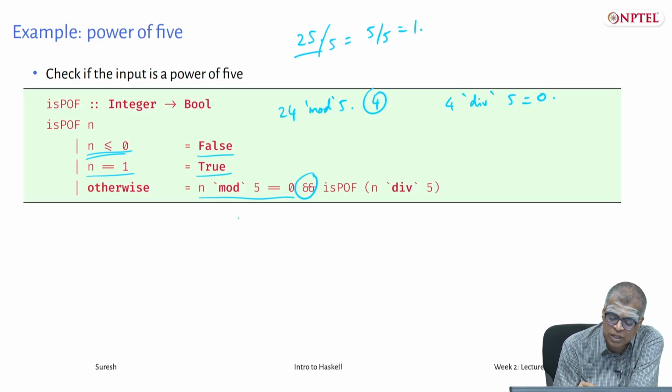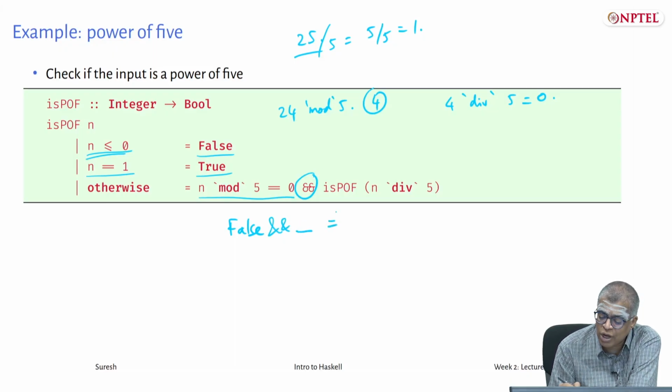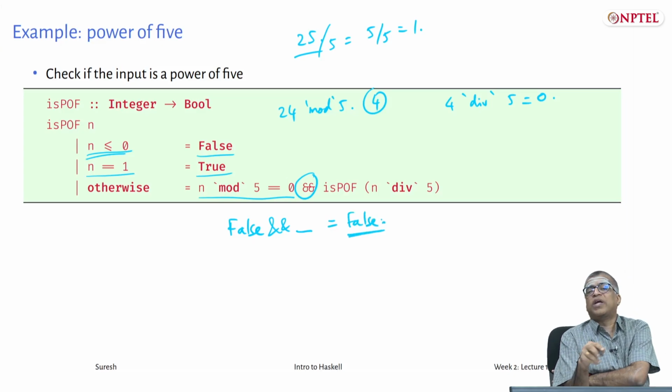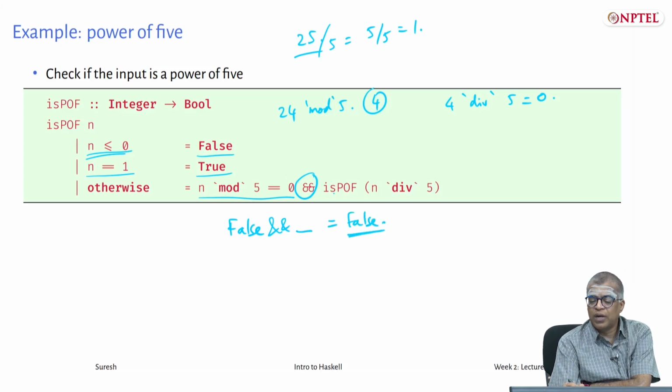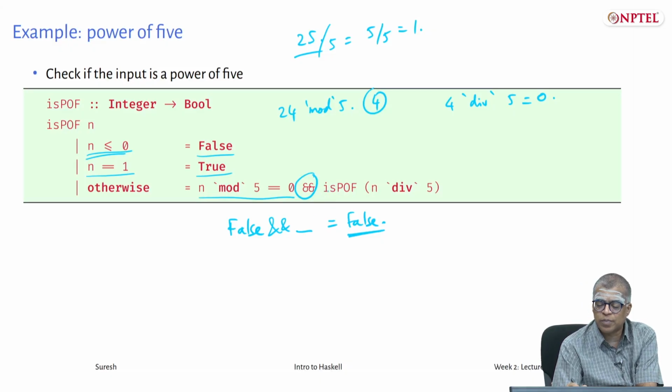Remember that AND has the following behavior. If the first part is false, then false and anything is false. So Haskell is very clever. What it will do is, it will not even evaluate this part of the expression.